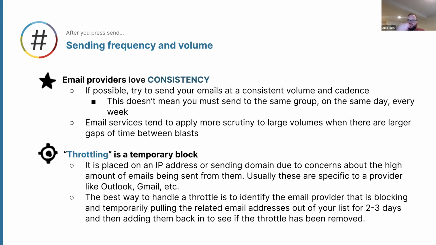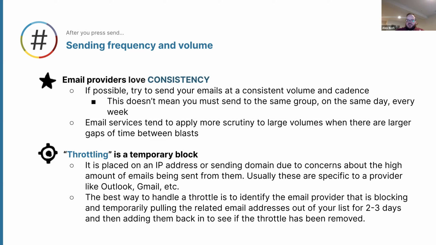That's why that warm-up campaign is so important, steadily increasing your volume, because it tells email providers, hey, this is a legitimate sender. Look at these normal email practices, they're not just sending out unsolicited bulk email as quickly as possible.